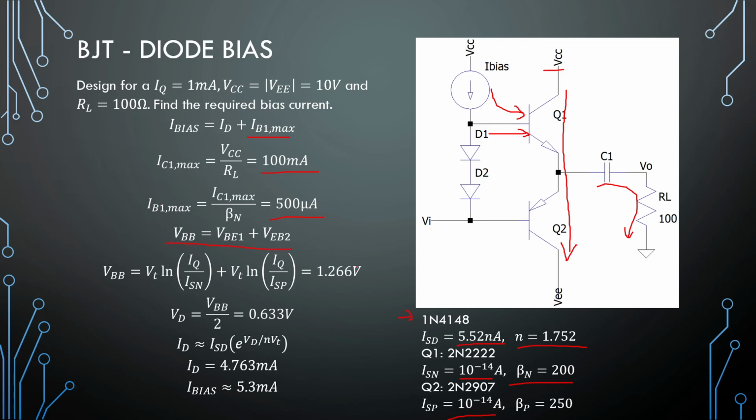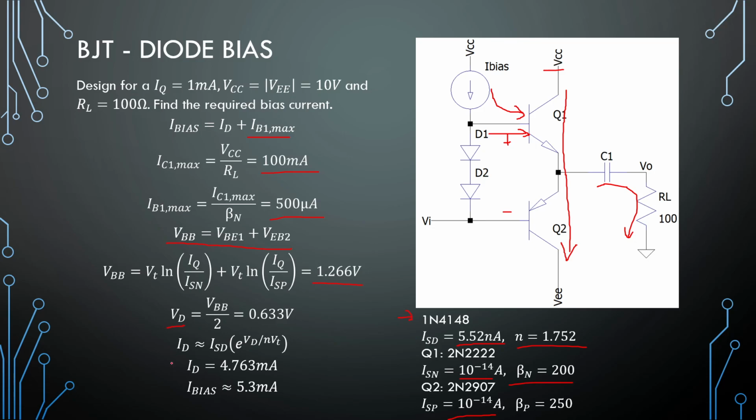Next, we need to find the voltage required to switch on these two transistors at a quiescent current of 1 milliamp. So VT ln IQ over ISN plus VT ln IQ over ISP. Since they are the same, these two values will be the same, but that boils down to 1.266 volts.